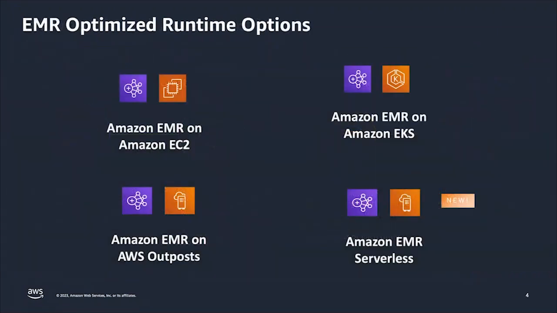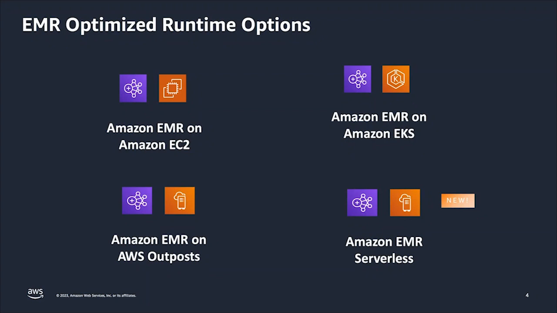So these are the common EMR optimized runtime options available. The first one is Amazon EMR on Amazon EC2, which is the basic version of Amazon EMR, where you can pick and choose your cluster size and it will create the EMR cluster for you. The second one, if you are looking for a container version of your Hadoop cluster for better runtime and better performance optimization, is EMR on EKS, which lets you run the EMR cluster on top of a Kubernetes cluster on Fargate, which is serverless as well.